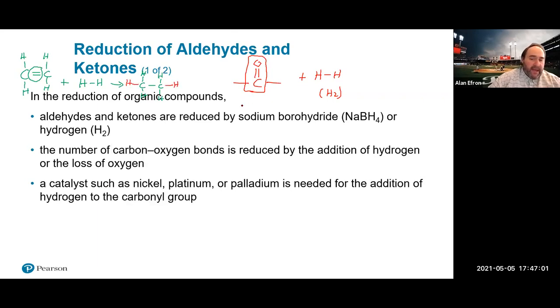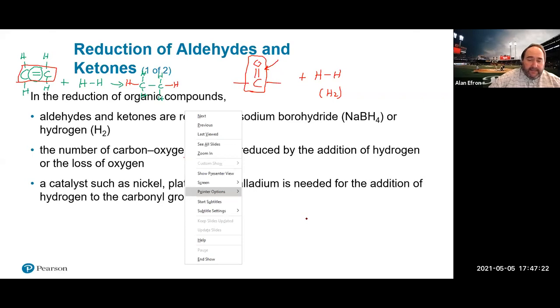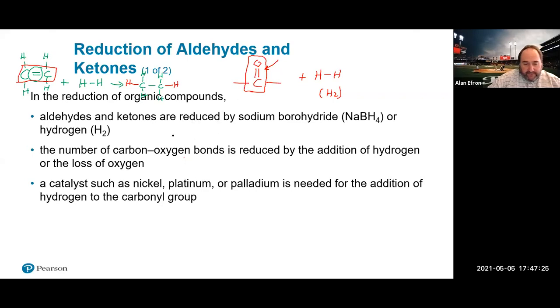The exact same thing happens in an aldehyde or a ketone when you go through this reduction reaction. The only difference is instead of a carbon-carbon double bond becoming a single bond, it is the carbon-oxygen bond that's going to turn into a single bond. Everything else will remain exactly the same. We will have the exact same structure, whatever it is on either side, but we will make that double bond into a single bond.